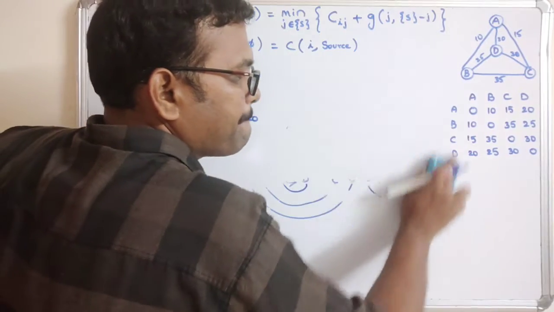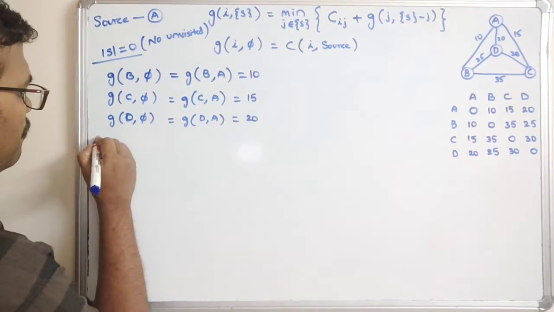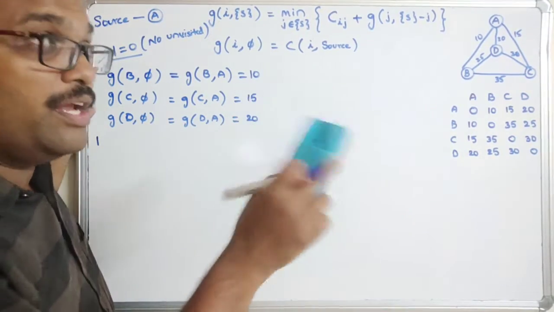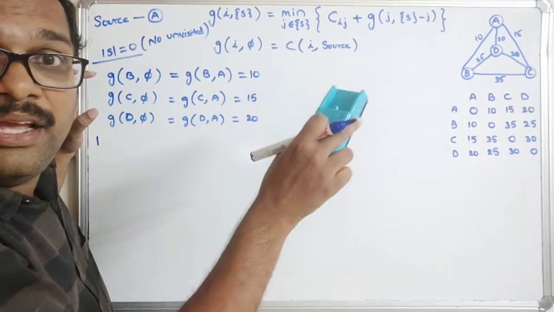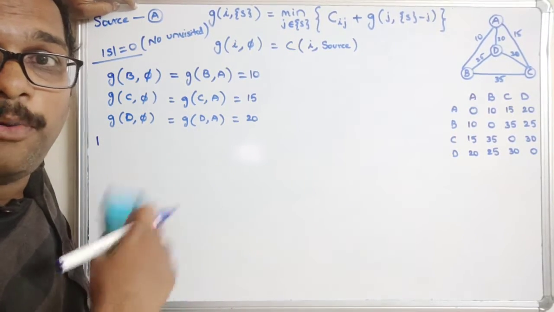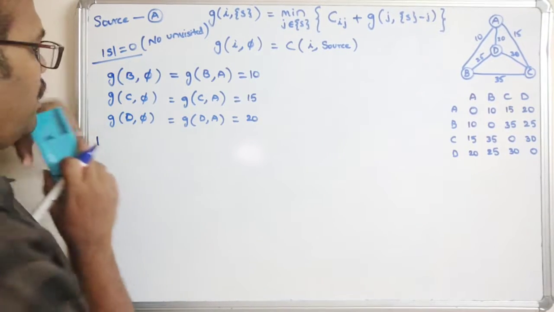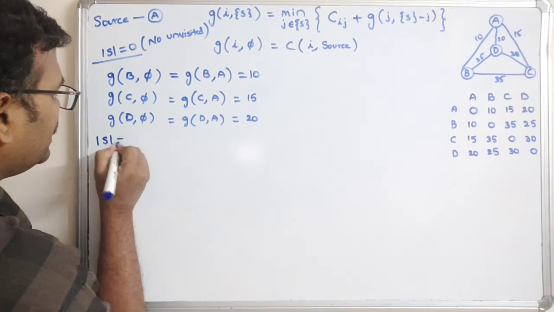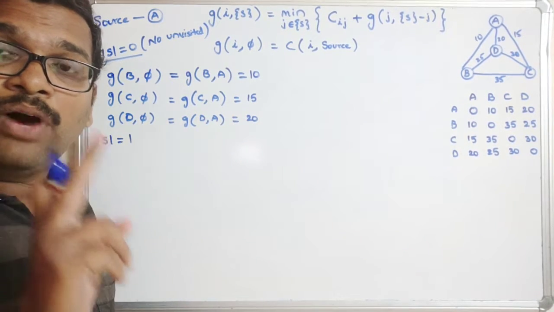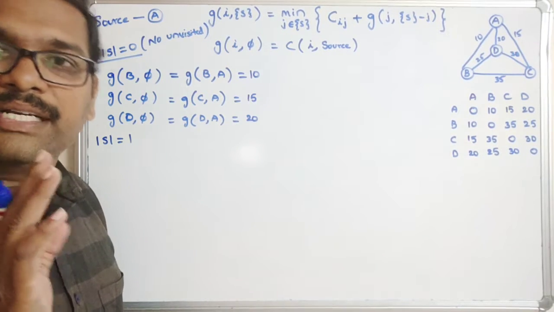And the next possibility. Only three possibilities, because we have four vertices A, B, C, D, and here we have taken source as A. So we need to check the possibilities of all the remaining three, B, C, D, right? Now, if set is equal to 1, that means there is only one unvisited vertex.